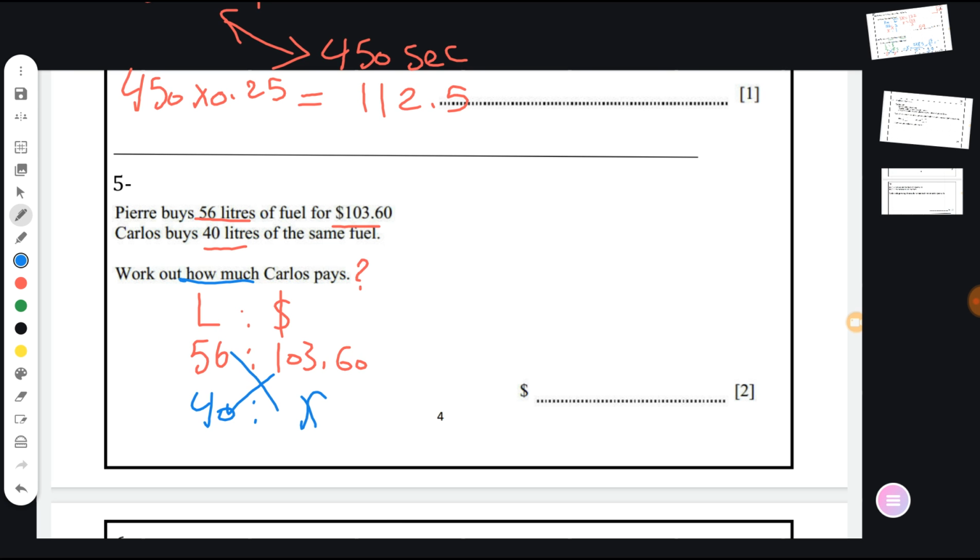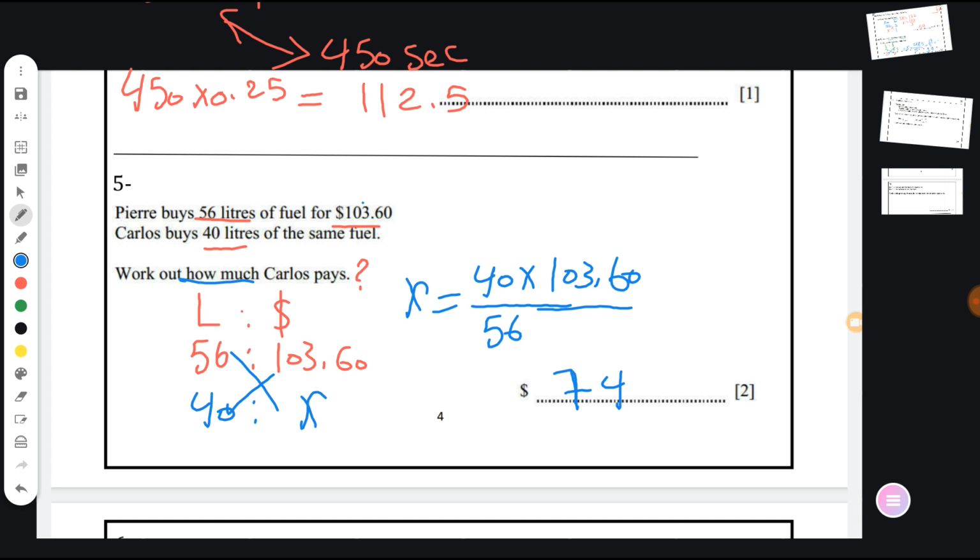Cross multiplication. So x will equal the number with x always down, 56, and the others are up: multiply 40 by 103.60. By using your calculator, the answer is 74 US dollars for 40 liters. Actually, you can find it another way.